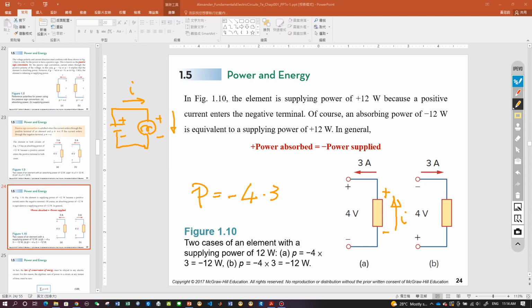But here, you can see from this side it's kind of different. It goes from this way to this way. You don't go from here to here. So from negative to positive, the current should be negative. So you can also say the voltage times the current is equal to minus 12.